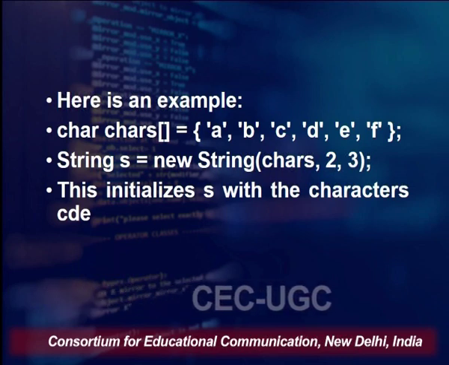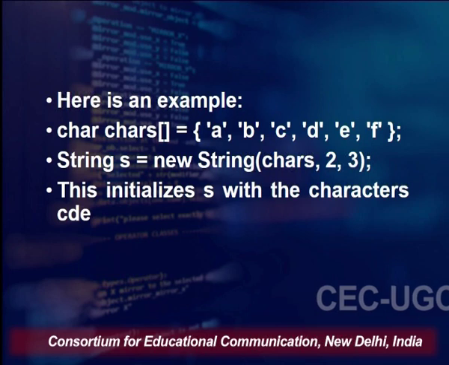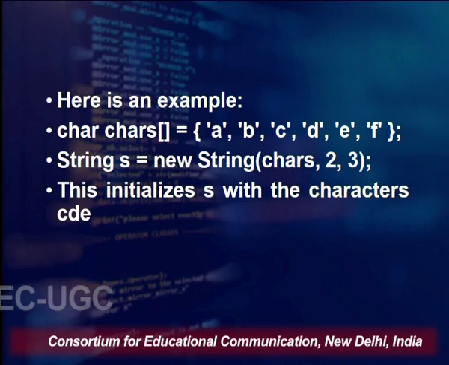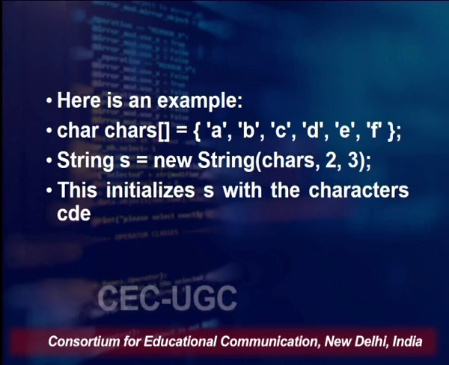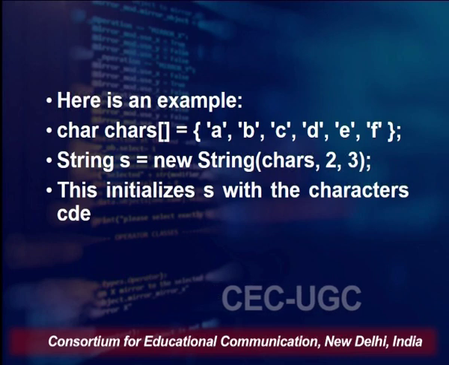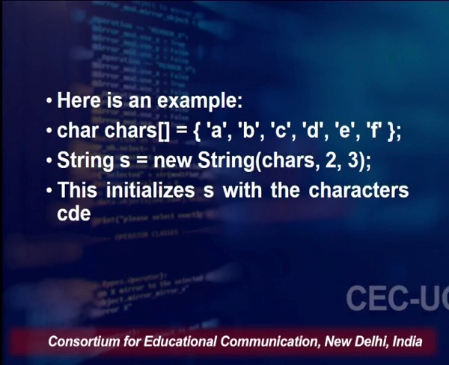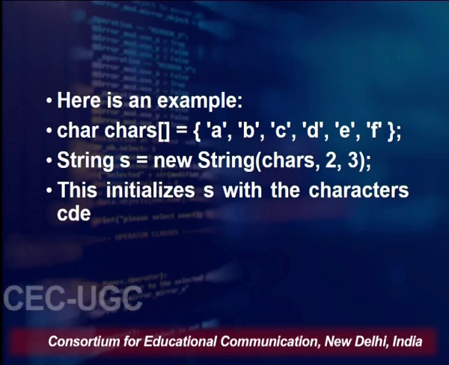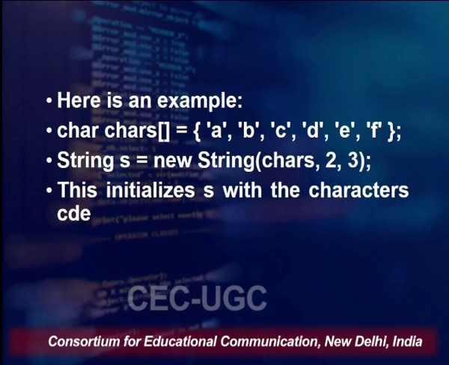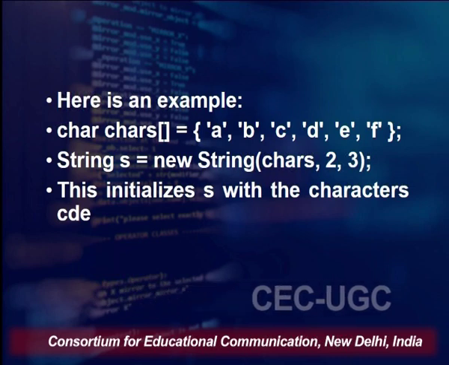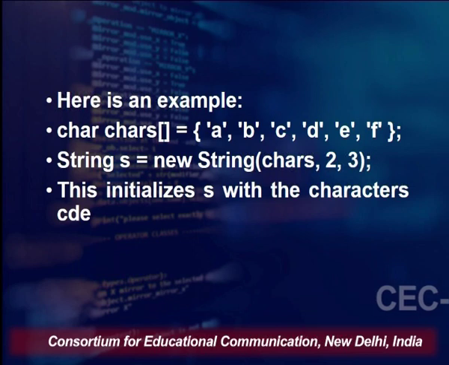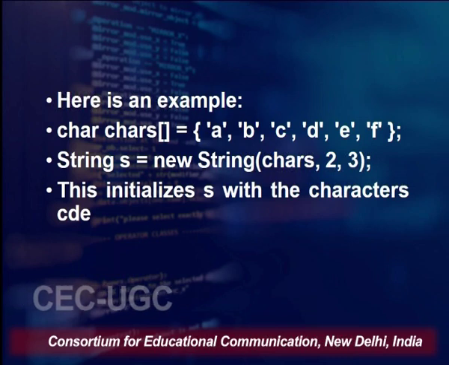The second statement says string s is equal to new String(chars, 2, 3). So, what does it mean? The new string s will be created by taking the characters from that array named chars. The starting index of taking the characters will be 2.